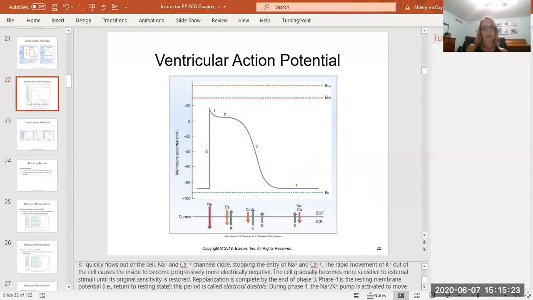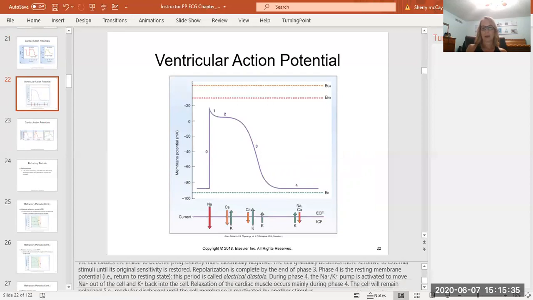Phase 4 is the resting membrane potential. This period is called the electrical diastole. In phase 4, the sodium and potassium pump is activated to move sodium out of the cell and potassium back in. Relaxation of the cardiac muscle occurs during phase 4.